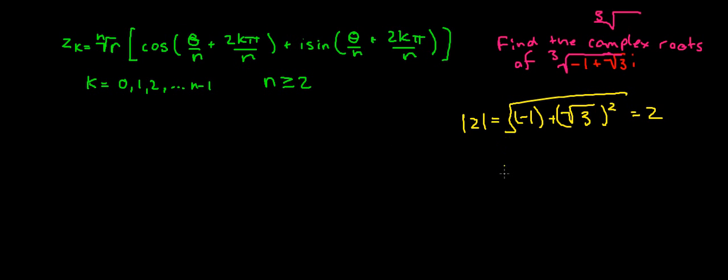Now I'm going to convert these to polar coordinates. Cosine. I'm putting these in degrees because it'll be easier to see the relationship between the different complex roots. But radians are, of course, absolutely fine.